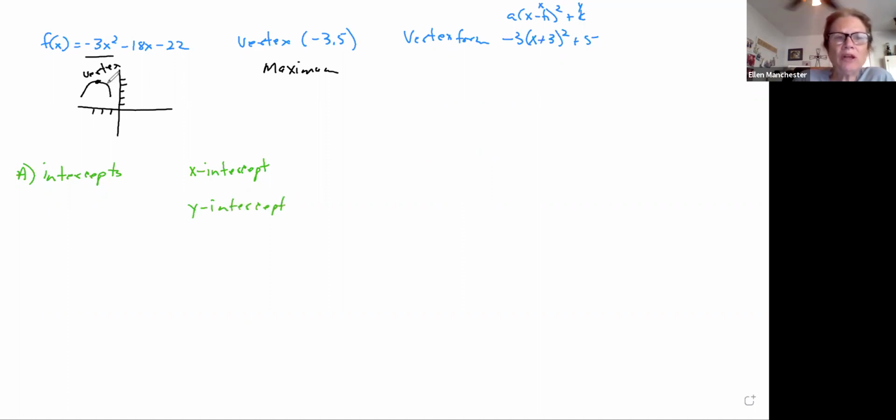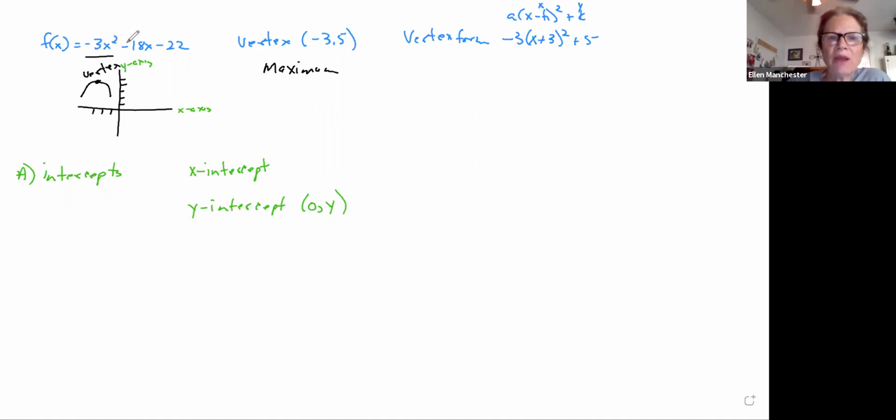In other words, we want to know, where does this line cross the y-axis? So here's our y-axis here. Here's our x-axis. So the y-intercept is, where does it cross the y-axis? Well, the y-axis is always when x is 0. That's how you find the y-axis, or the y-intercept, excuse me.